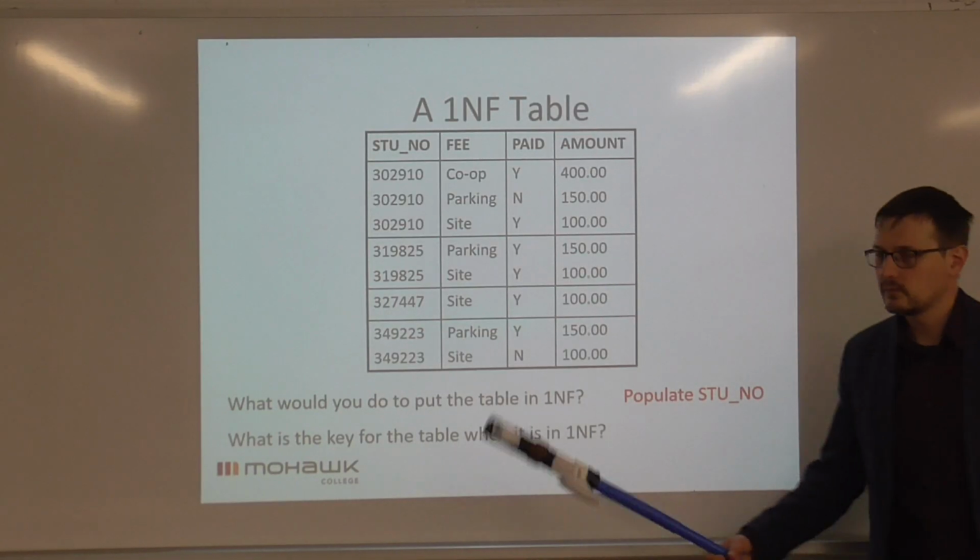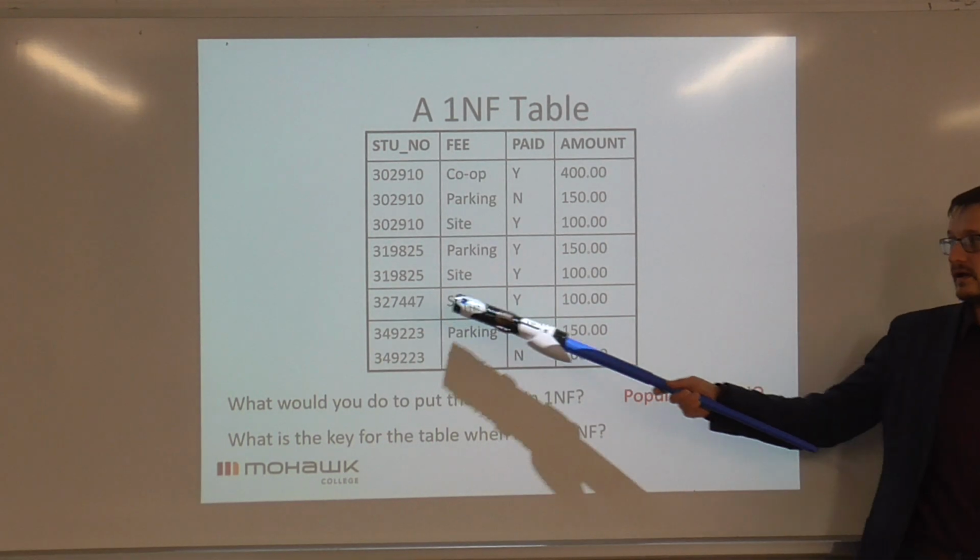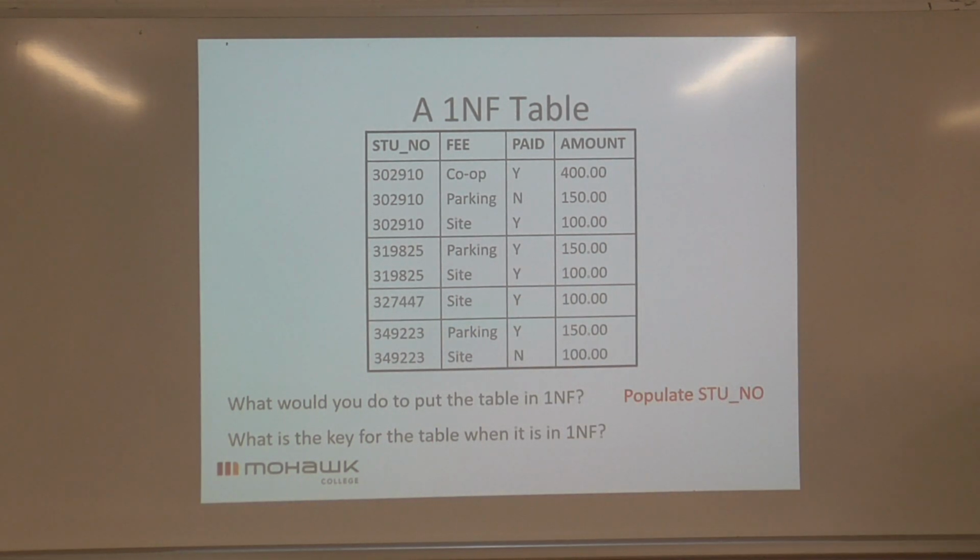So, which two columns could we combine to form a composite key in this case? Student number and fee. We could do student number and fee. That's this one. Yep. And now just kind of bound the fee as well. All co-ops are 400, all parkings are 150, all sites are 100, but that could be left to later.